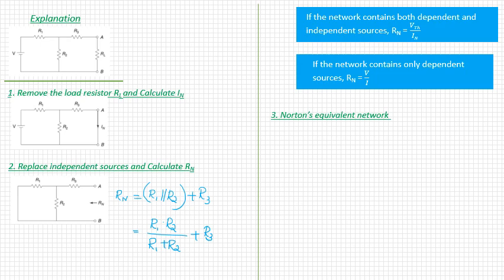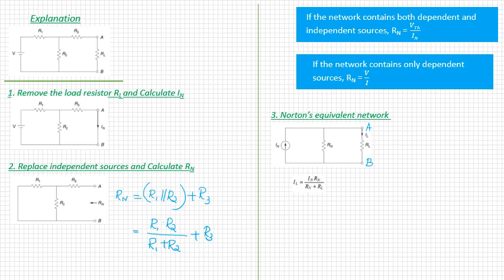The third step is to draw Norton's equivalent network. Norton's equivalent network will contain the Norton current source IN in parallel with RN. These are the two terminals A and B. Between A and B, the load resistor RL is connected.